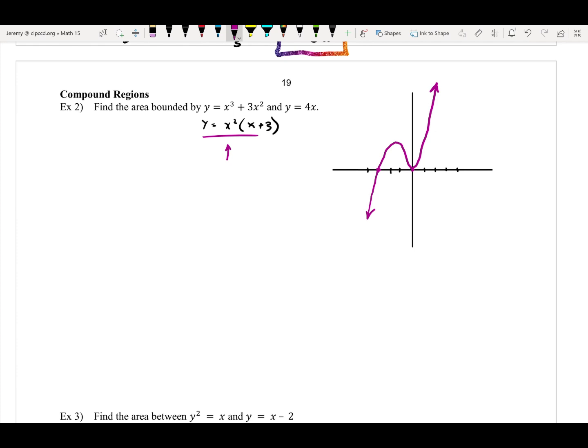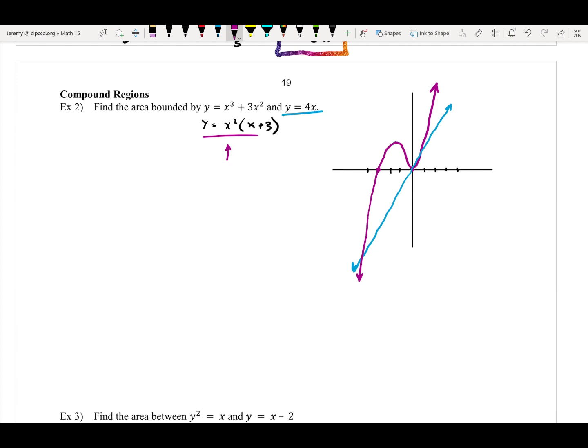And y equals 4x, the second curve, is just going to be a linear function, so I'll graph it in blue, and it goes something like this. Okay, and I might extend my purple line here down a little bit, just because I anticipate an intersection point down there.